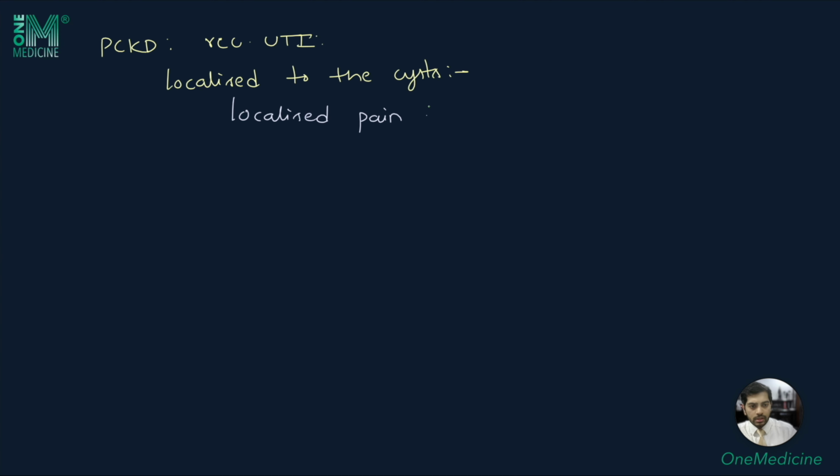Patients with polycystic kidney disease can have recurrent urinary tract infections, and there can be infections localized to the cysts. These patients can present with a localized pain in the flank, and it can be sometimes misdiagnosed as pyelonephritis.